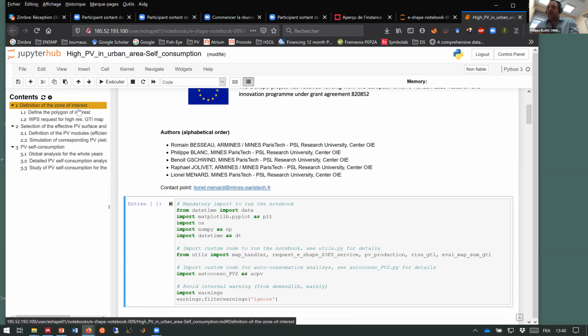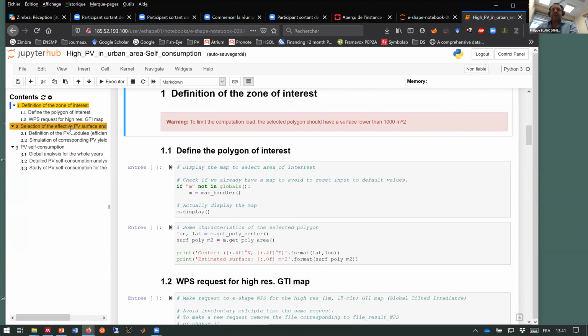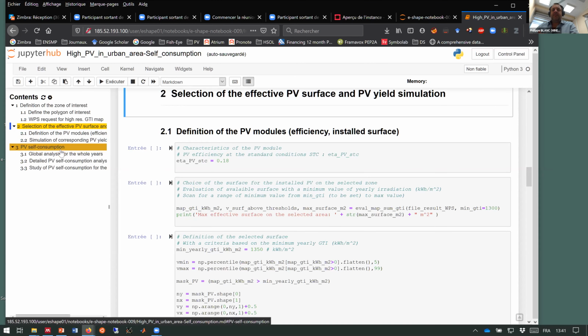Each section is decomposed into 2 or 3 subsections. The first one is about the definition of my zone of interest. The second one is about the selection of the PV surface I want to simulate. And the third one is about the main interest, the PV self-consumption. Okay, and I can look at the different sections just by clicking on it.